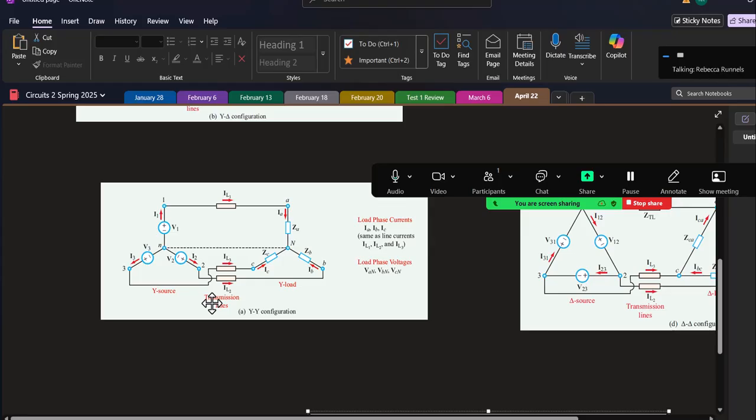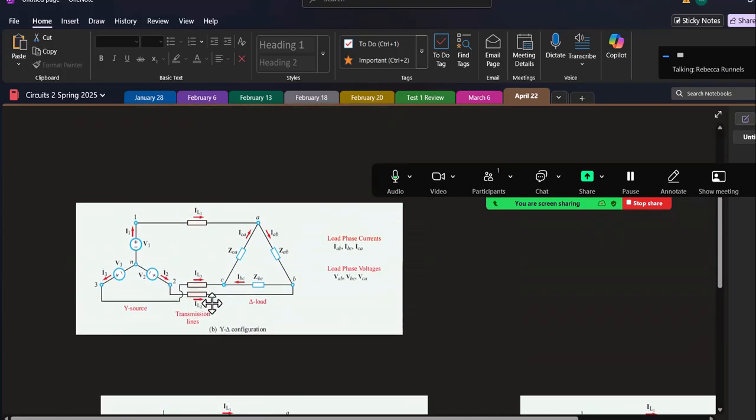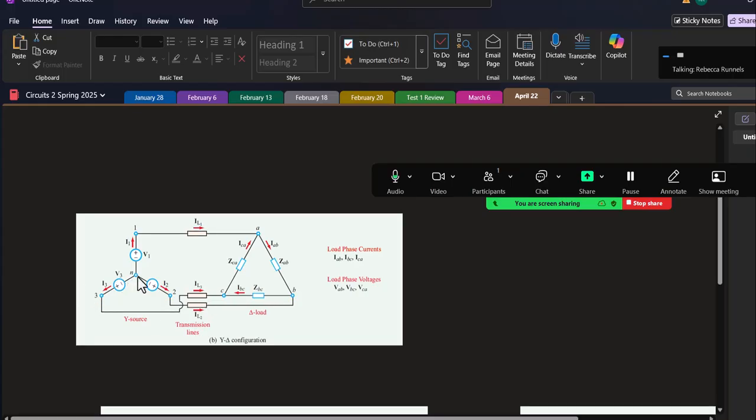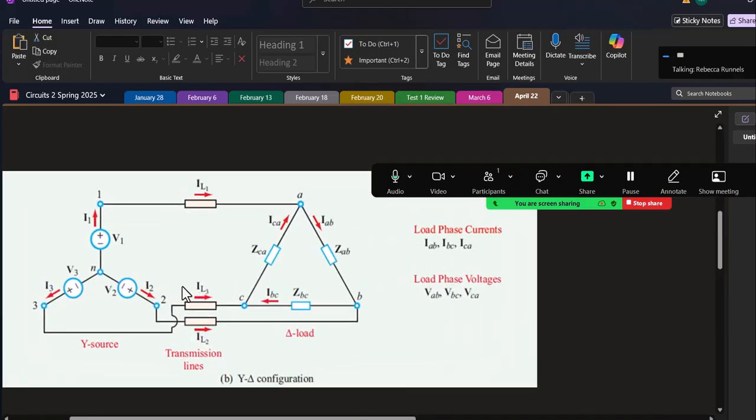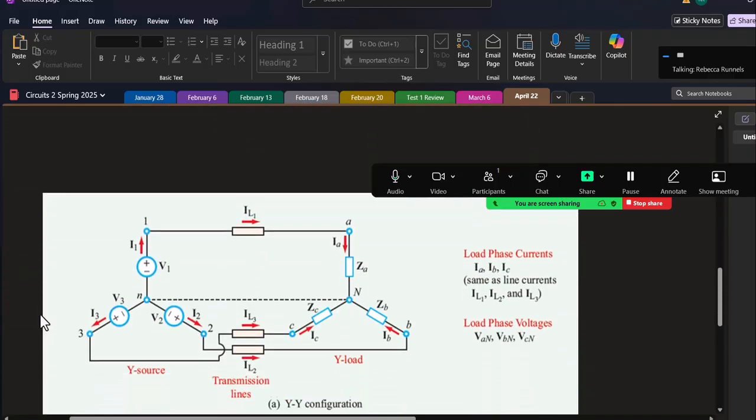So first, for the nodes, in your source circuit you use numbers. Your source is where you have your power. I have the B pulled up here that has a Y source and a delta load. If you look at the source, we have the nodes 1, 2, 3, and N. And N is a neutral node, and you only have the N node for a Y. You don't have an N node for a delta.